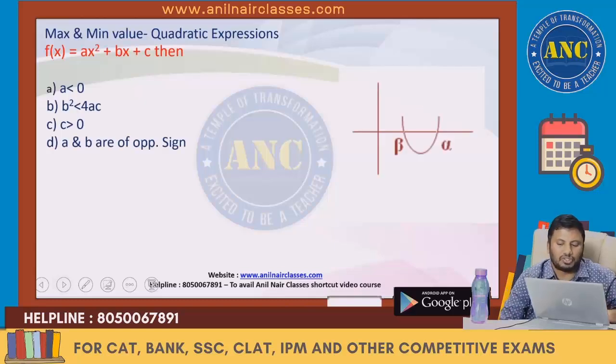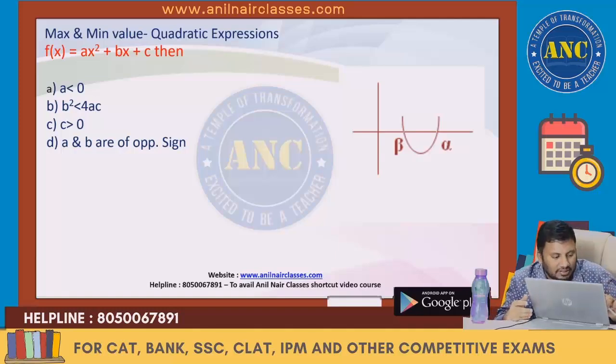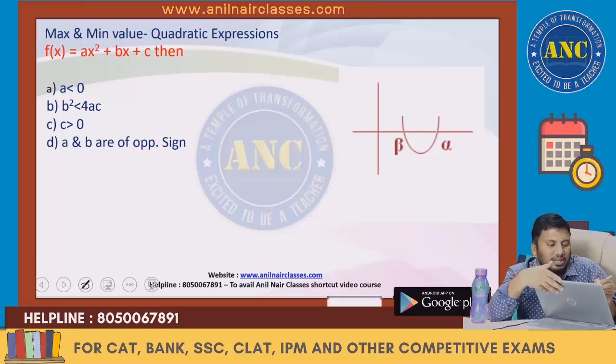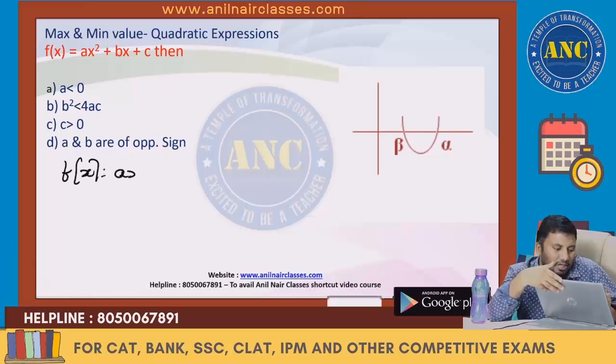Now see the first question, sir. F of x is ax square plus bx plus c. Very good quality question, sir.